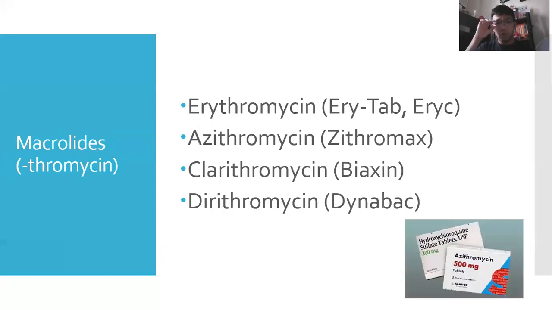Now we go to the macrolides. Macrolides, we have the following: erythromycin, Eritab or Eryc; azithromycin, Zithromax; clarithromycin, Biaxin; and dirithromycin or Dynabac. These are the different forms of macrolides, and they also have a common suffix, which is thromycin. One of these drugs, azithromycin, can be given as a single dose antibiotic.